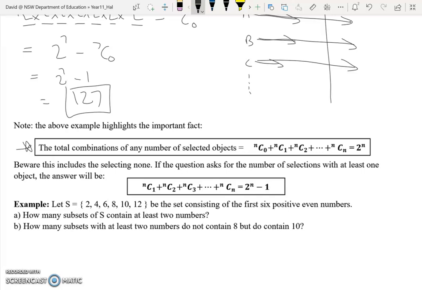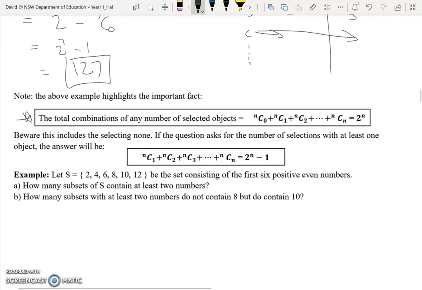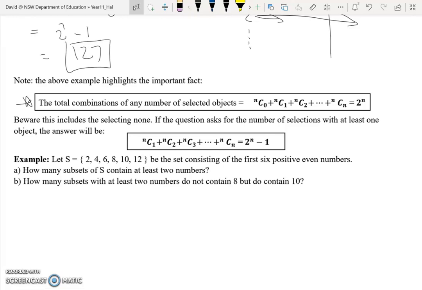It could be in or out. So we multiply 2 n times. But beware, this includes selecting none. The NC0 is the selection of none. If the question asks for a number of selections with at least 1 object, it's going to be 2 to the n minus 1, like how we did in the previous example.